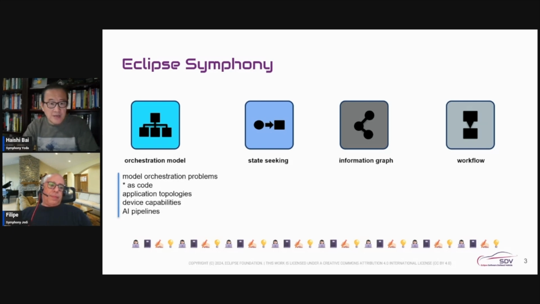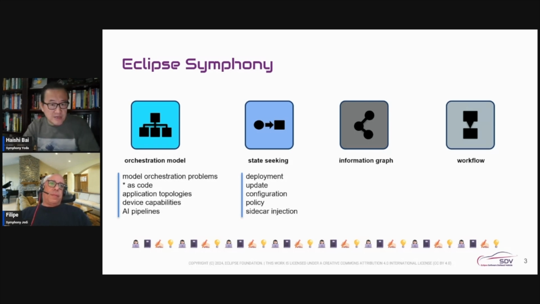And in the operation phase, we mostly use state seeking as the foundation of operation. So basically, your system reports its current state, and the user defines a desired state, and Symphony runs this reconciliation loop to bring your current state to the desired state.